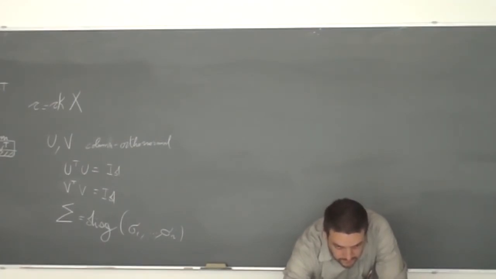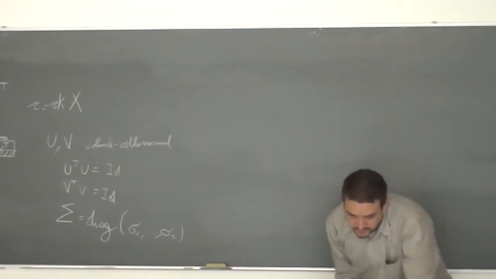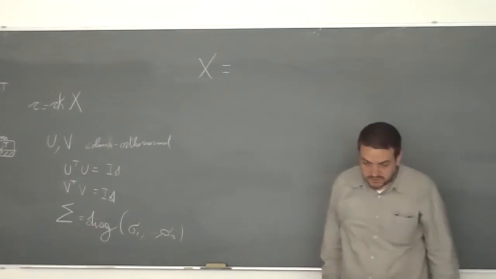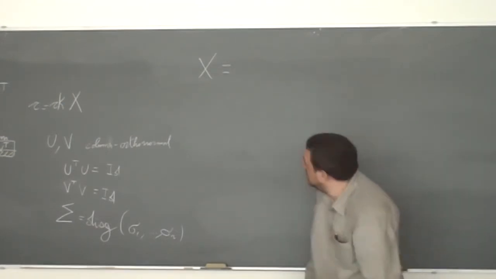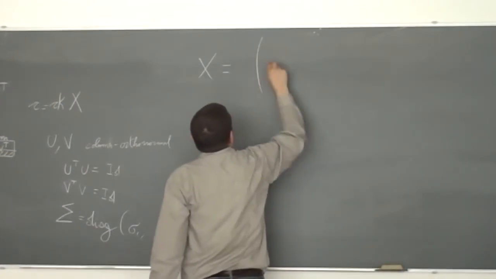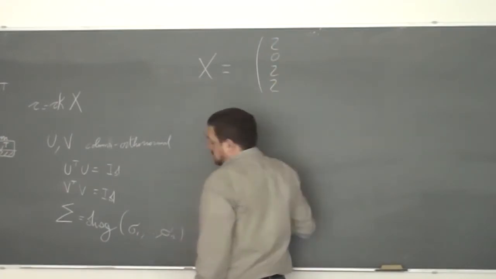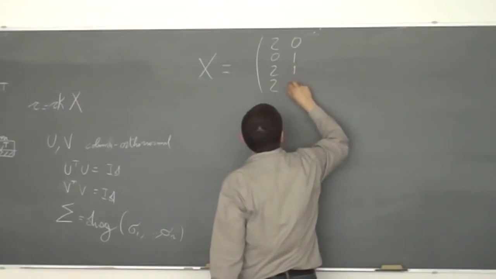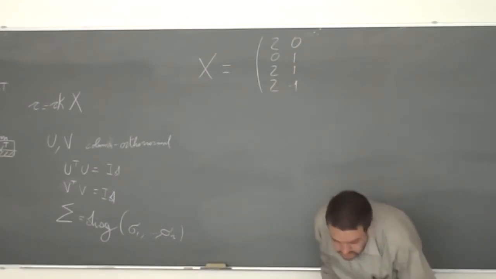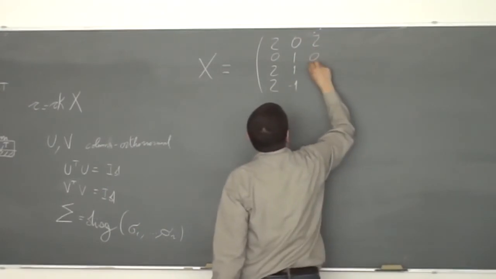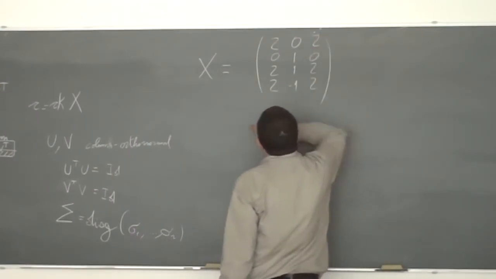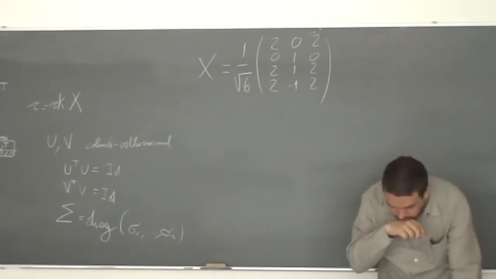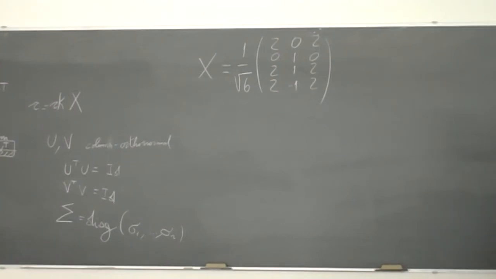So, for example, suppose that we have our document matrix, which is like this.